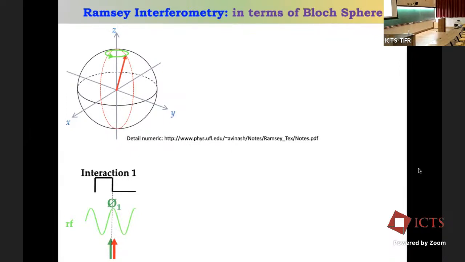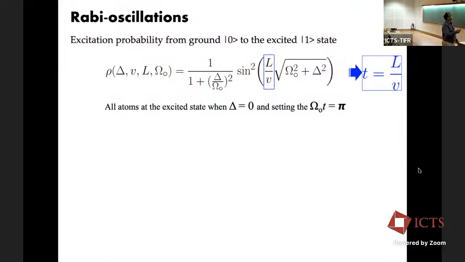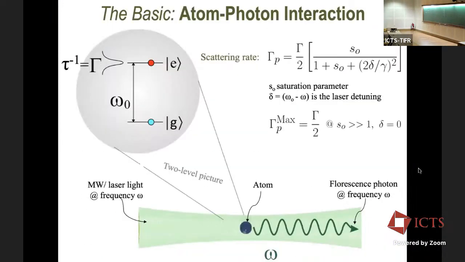Sir, you told about some scattering rate before the Bloch sphere representation. So on which parameter does it depend? Like, how can I improve it? Yeah, so I was telling you the scattering rate depends on the saturation intensity and detuning. This is the maximum scattering rate which is possible, which is defined by the lifetime of the excited state. You know, gamma is the inverse of the lifetime of the excited state.